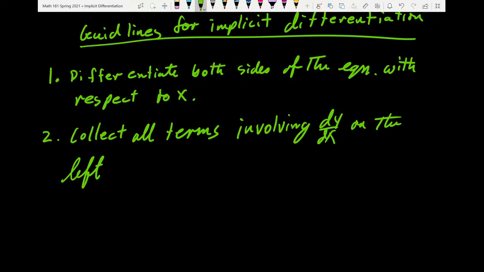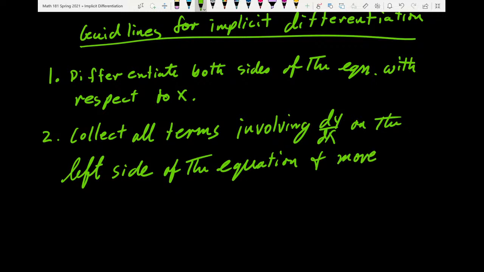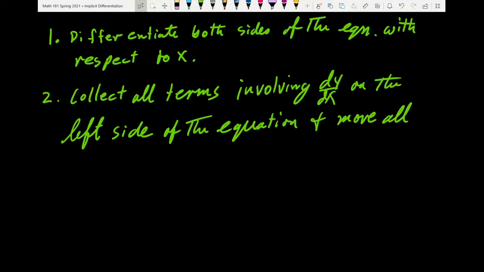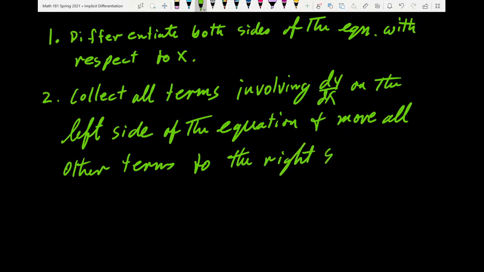You could put it on one side, it really doesn't matter. I'm just using the left side of the equation. And move all other terms to the right side of the equation.